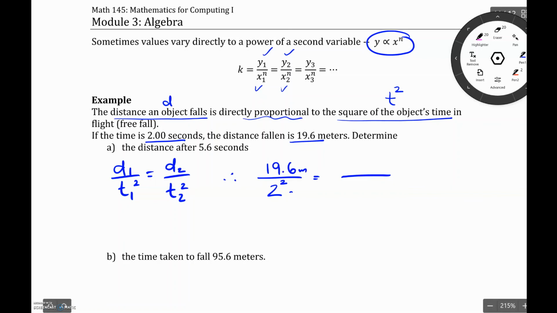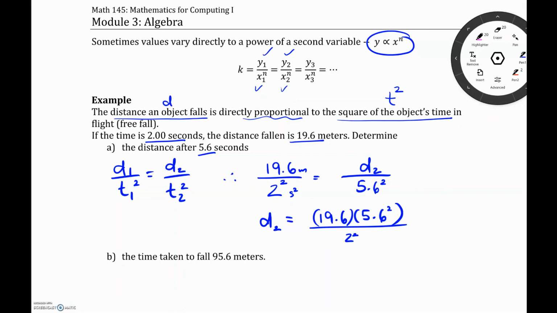Now it says determine the distance, so we want to find a distance, so we're going to put our d there, or d2, and time is 5.6, so 5.6 squared. How do we solve for d2? I'm sure you could verify this, that d2 is going to be equal to 19.6 times 5.6 squared, and then you divide by 2 squared.